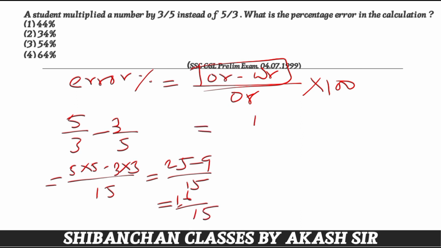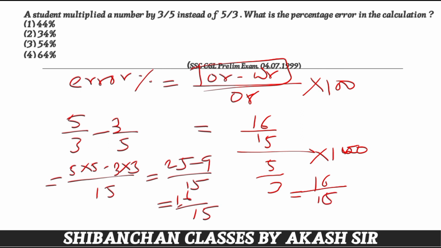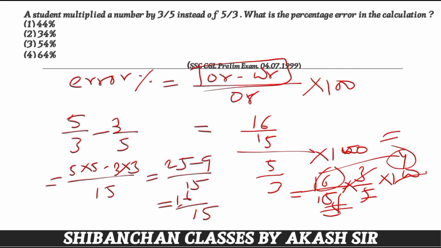So put the values here. 16 by 15 by original, means 5 by 3, into 100. Okay, now you can easily cut this like this: 16 by 15 into 3 by 5 into 100. 3 5s are 15, and 5 by 25, 25 4s are 100. What do we get? 16 into 4, 64. Answer will be 64.